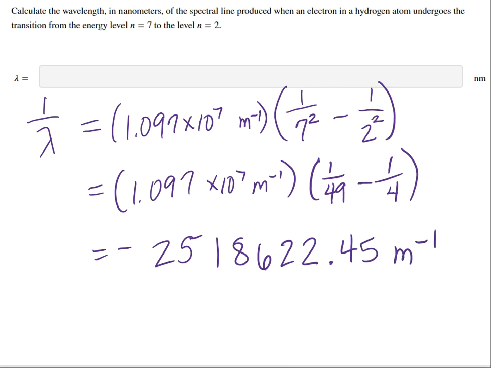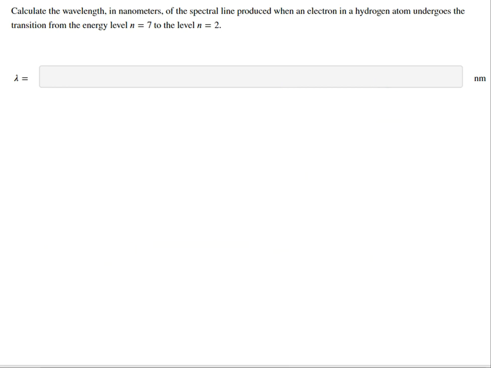Now, I'm going to go ahead and rewrite 1 over the wavelength, because if you keep track of this, you'll see that we haven't actually calculated the wavelength. This is the inverse wavelength. So in other words, this is 1 over the wavelength.